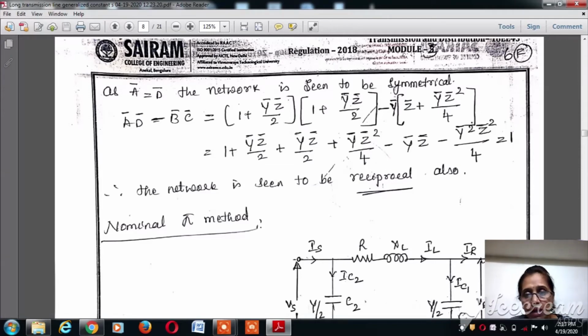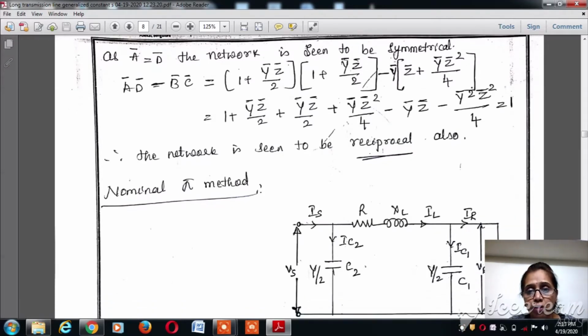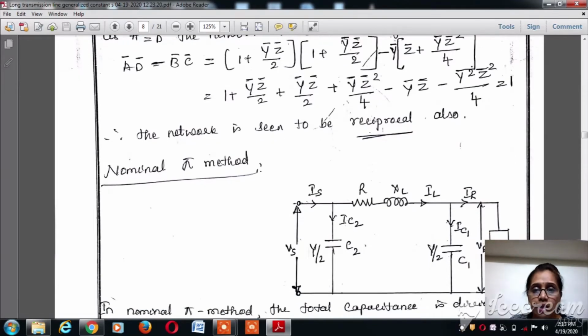We will get to see that AD minus BC is also equal to 1. So the network is seen to be reciprocal also. So using the nominal T method and by applying the generalized constants, we can understand that medium transmission line with the help of the nominal T method is also found to be both symmetrical as well as reciprocal.